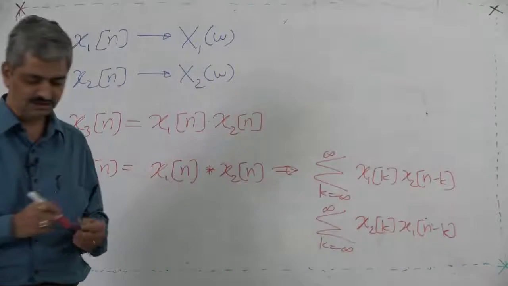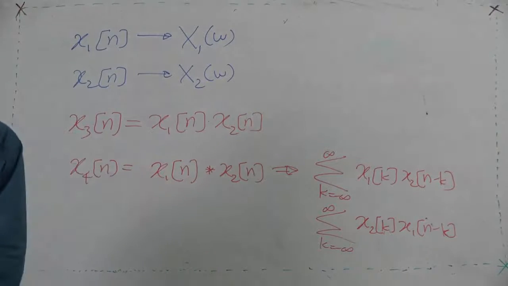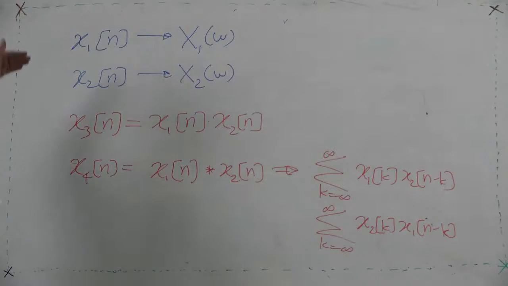So, the fundamental theme is, we have got two sequences, each of them is having its own discrete time Fourier transform. Then based on these two sequences, I can prepare a third sequence which is sample to sample multiplication of two sequences. I can prepare a fourth sequence which is convolution of two sequences.